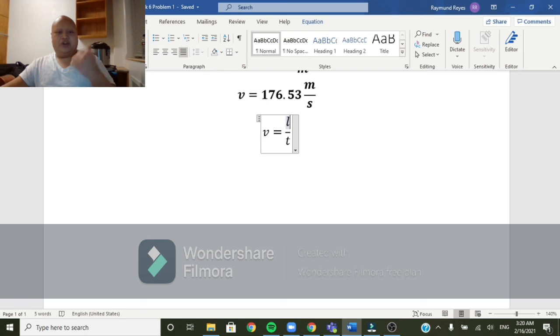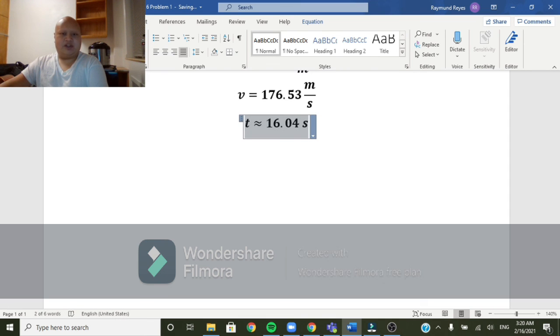Basically you divide both sides by V and multiply both sides by T, just swapping V and T. So time equals length divided by velocity. Plug in 2,831 meters for the length, and the velocity is 176.53 meters per second as we calculated in part C, and then I got 16.04 seconds, and that's my answer for part D.